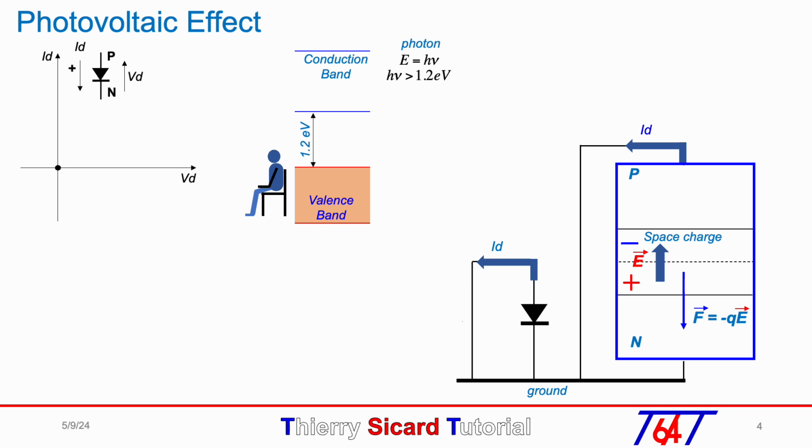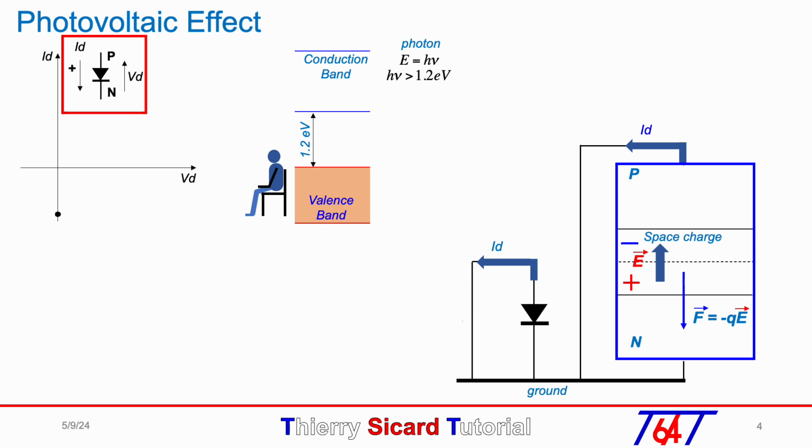The current is noted positive when the diode is biased in direct, as shown in the red rectangle. But with the photovoltaic effect, the photon creates current getting out from the P side of the diode, which means a negative current compared to the positive convention. Each photon generates one electron.